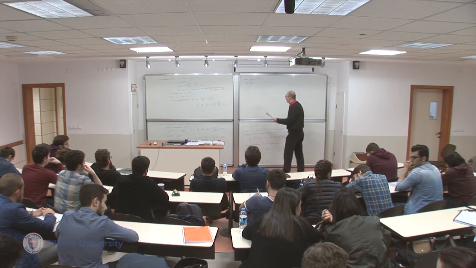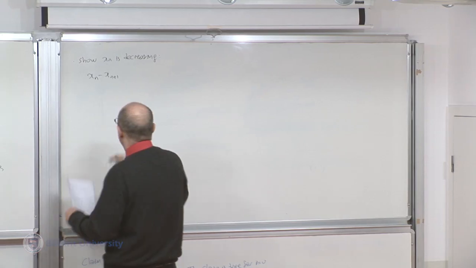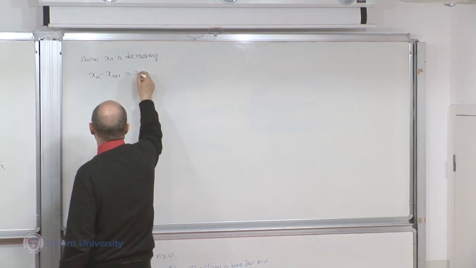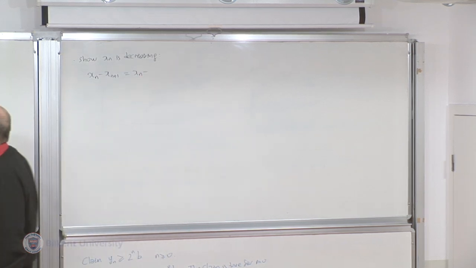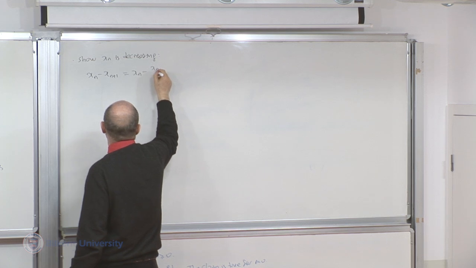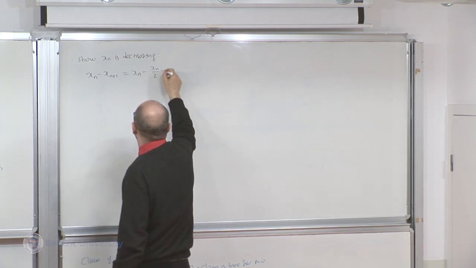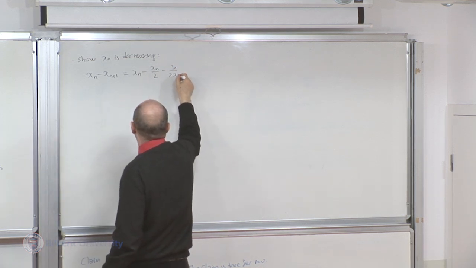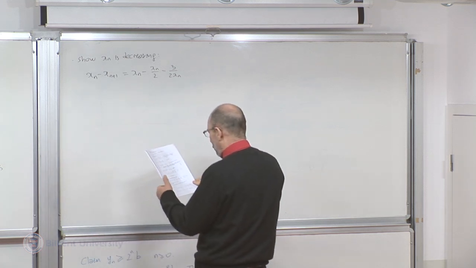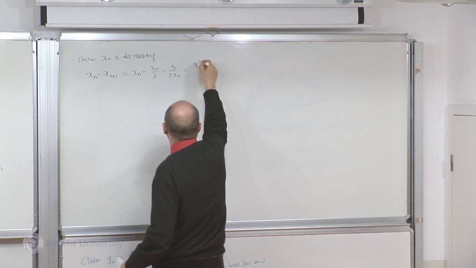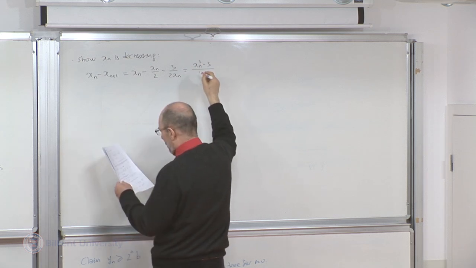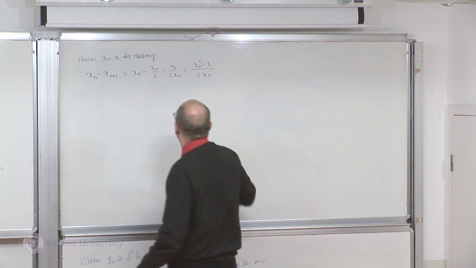So we will work with this one. So x_n is x_n, and x_{n+1}, I use this formula. So this is minus x_n over 2 minus 3 over 2x_n. Okay, so you simplify this. You have x_n squared minus 3 over 2x_n.